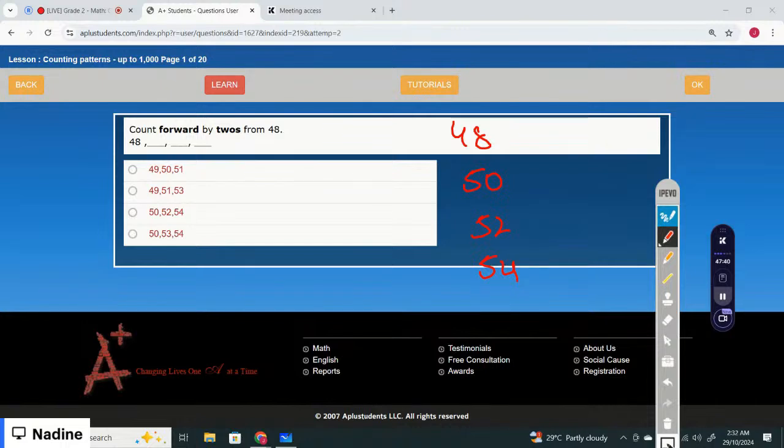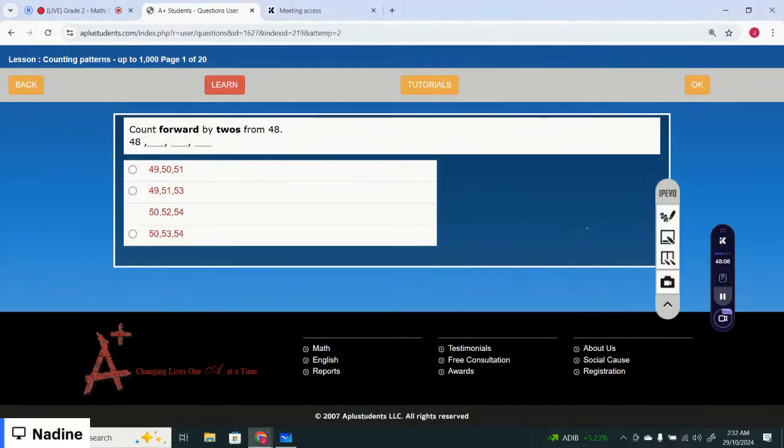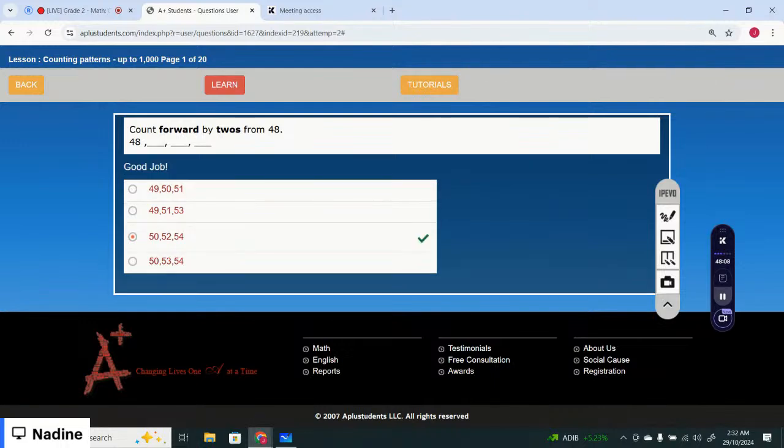So which option is the correct one? Option number 3 is the correct option, right? That is 50, 52, and 54. You just need to count 3 or 4 numbers.